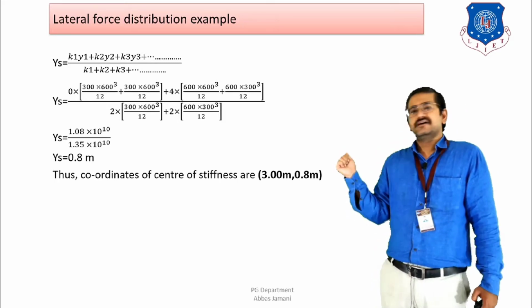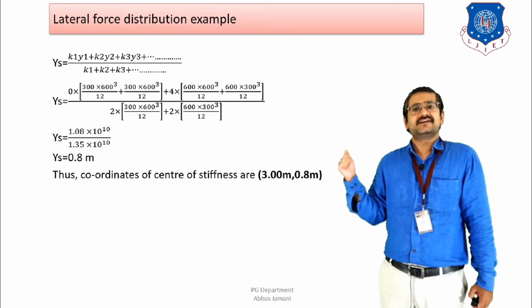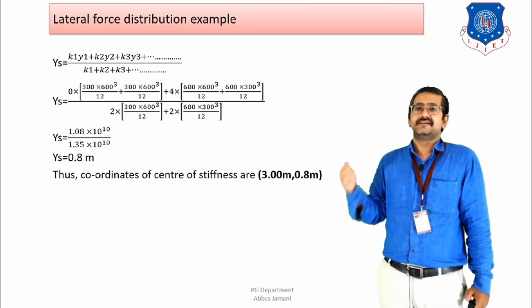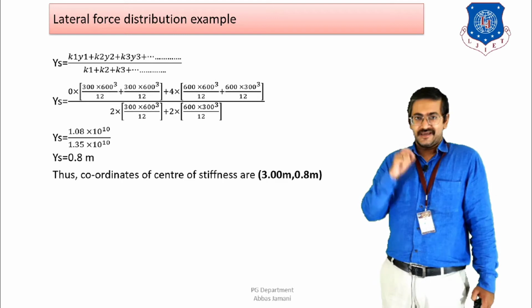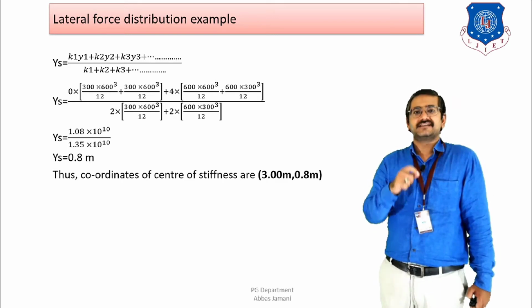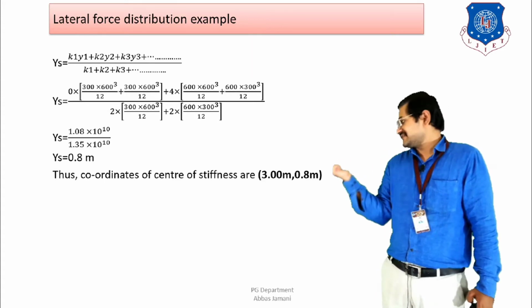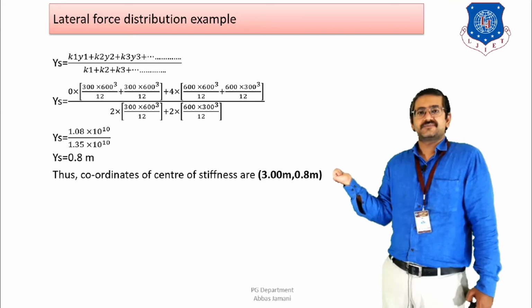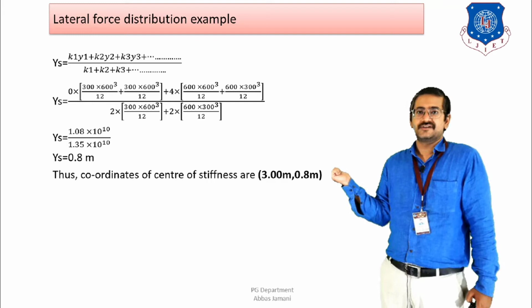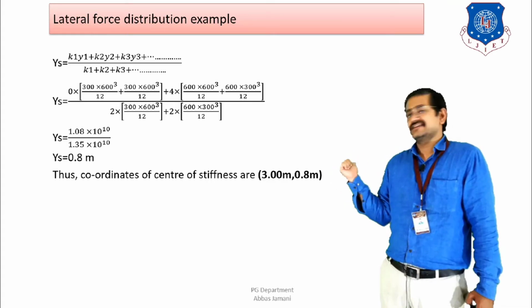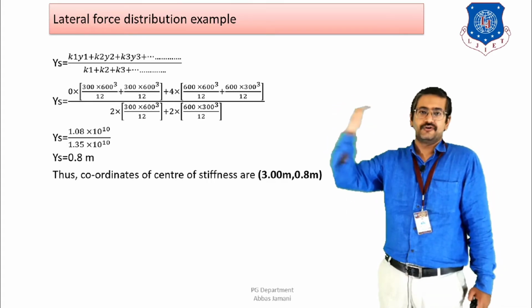So it is k1 y1 plus k2 y2 plus k3 y3 plus k4 y4 divided by k1 plus k2 plus k3 plus k4. Again, just like in case of x direction, the point which is going to be lying on origin is going to be 0. So same thing happens here also. That the first part of the term is calculation is going to be 0. Then in case of second part, the grid is located at 4 meters from the origin.